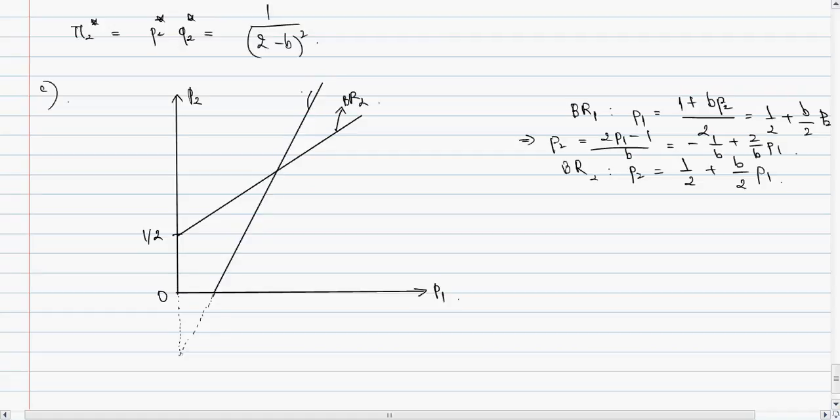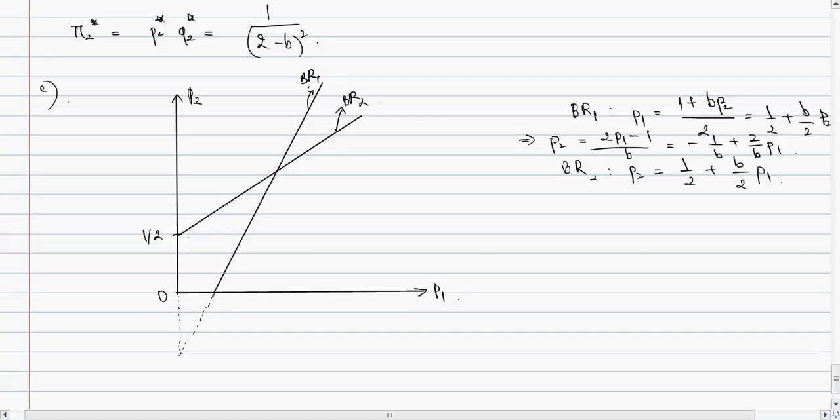Okay, so this is going to be the best response function for firm 1. Again, I don't know the values of B, but the condition is that the best response function for firm 1 will have to be steeper than the best response function for firm 2. If the best response function for firm 1 is flatter, you will see that there won't exist any equilibrium.